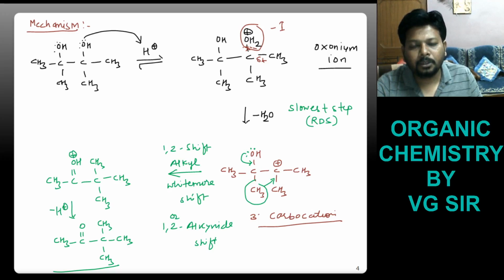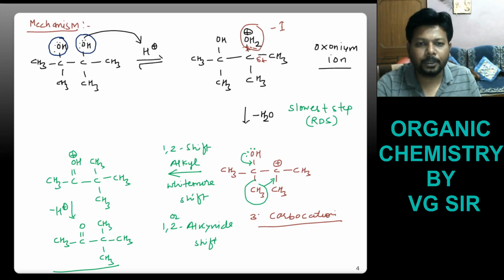First, there are two hydroxyl groups, and as I have said, any one of the two can be protonated, but that is valid only when these two carbons are equal or similar, that is, the substituents present on these two carbons must be the same.